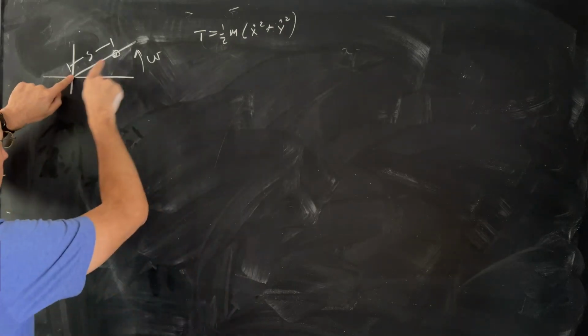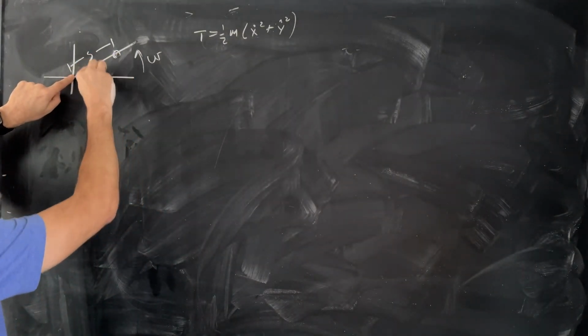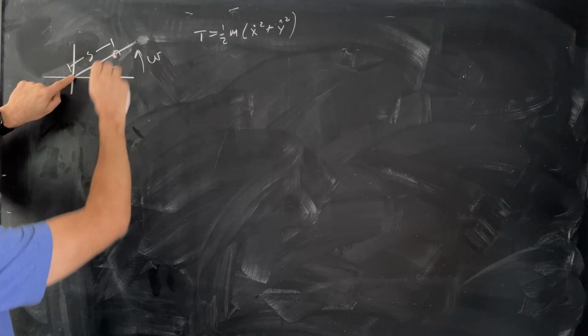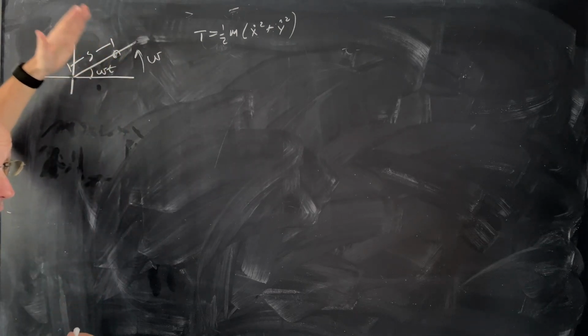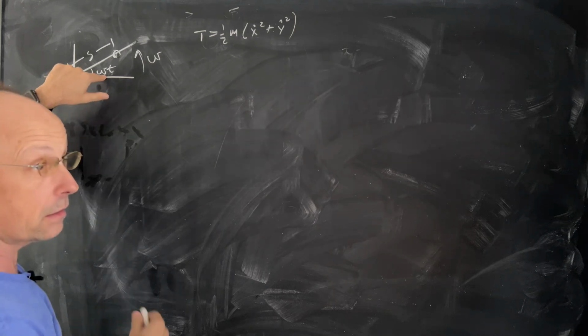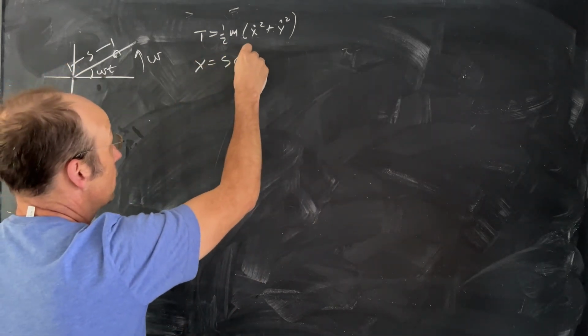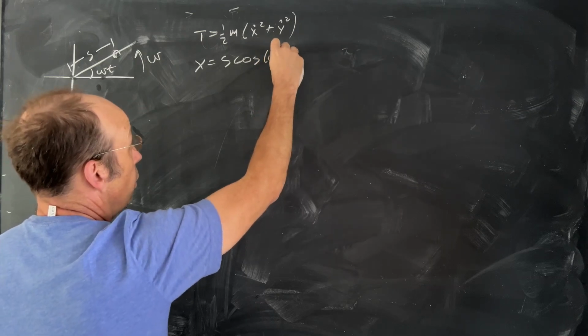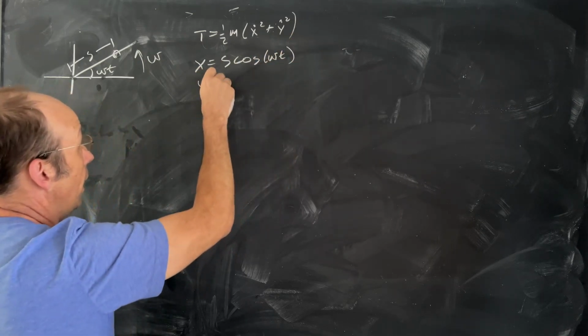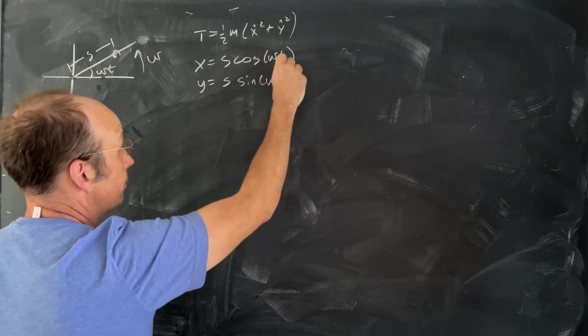So if that's my position s along the stick, and this is the angle omega t, saying it starts right down here, omega t is the angle, then I can just treat omega t as the angle theta. So I get x is s cosine omega t, y is s sine omega t.